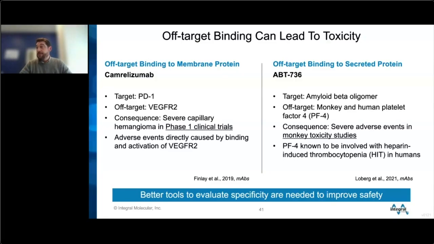PF4 is known to be involved in heparin-induced thrombocytopenia in humans, and it almost certainly would have caused severe risks to clinical trial patients. In other words, we really need better tools to evaluate specificity and improve safety.